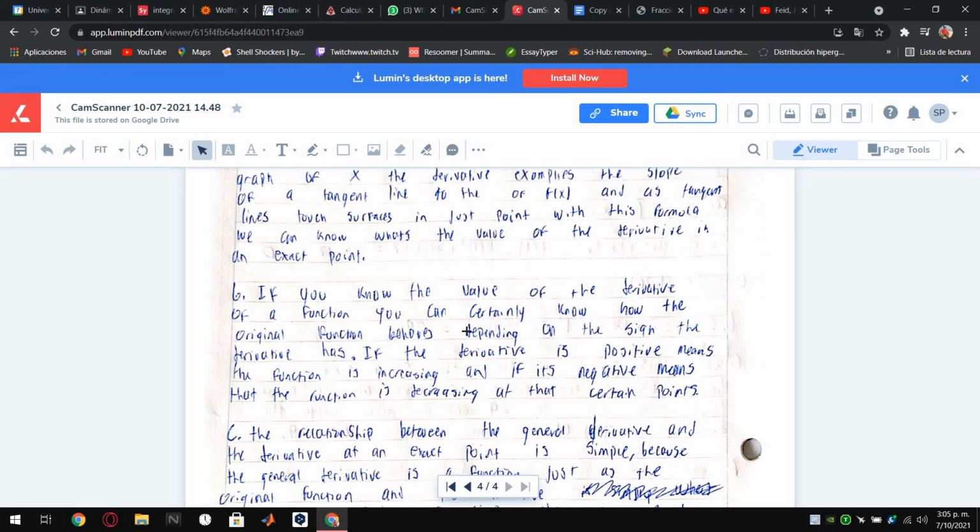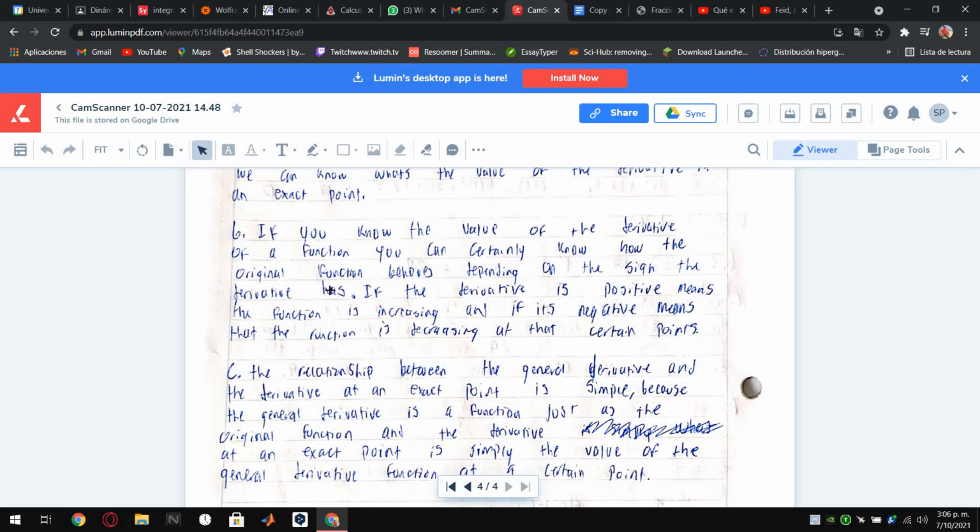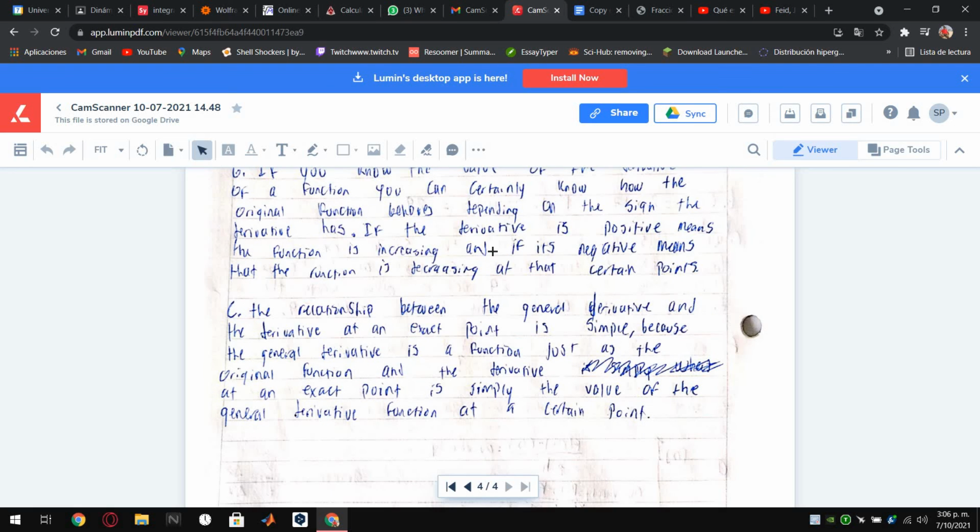For example, if the derivative is positive, the original function is increasing at that exact point. In the other case, if the derivative is negative, the function is decreasing at that point too. We can conclude that if you know the derivative value, you know how the original function behaves at that exact point.